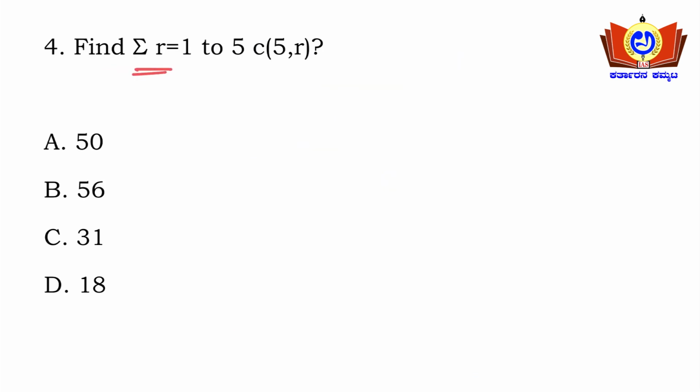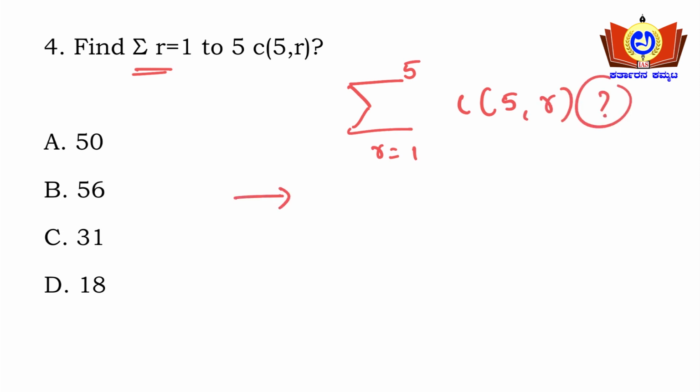Find the summation, see here, this problem is represented like this: summation of sigma of r equals 1 to 5, C of 5 comma r. Okay, this is the question. Find the value of, see here friends, actually this question is represented like this. If summation of r equals 1 to 5 and C of 5 comma r is there, so find the value.